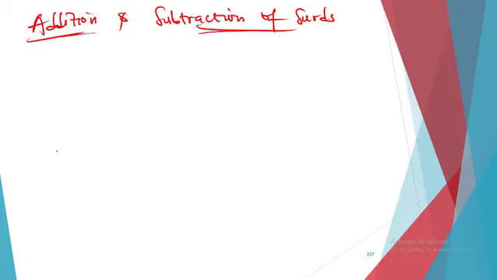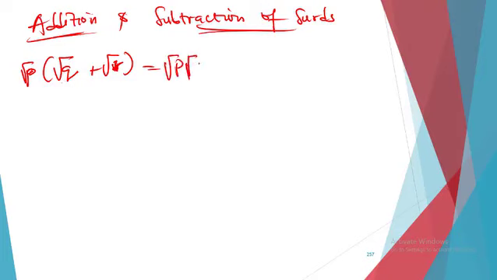Addition and subtraction of surds. Okay, let us start. If we have a problem like, let's say, root p into root q plus root r, we can express this to be root p times root q, which will give us root p root q.